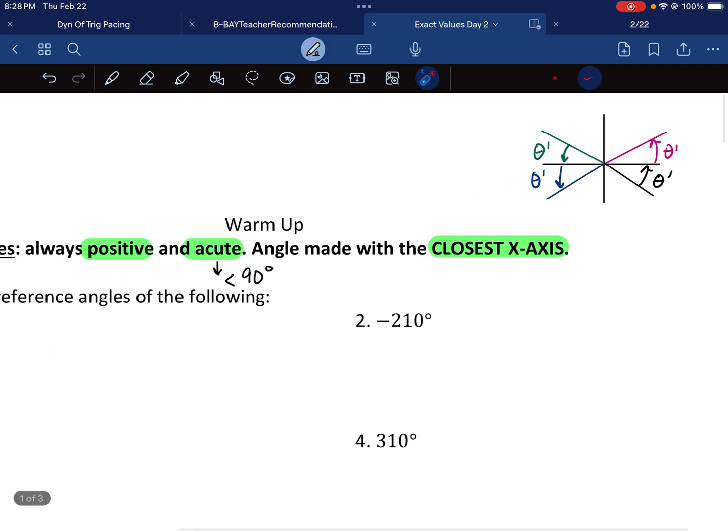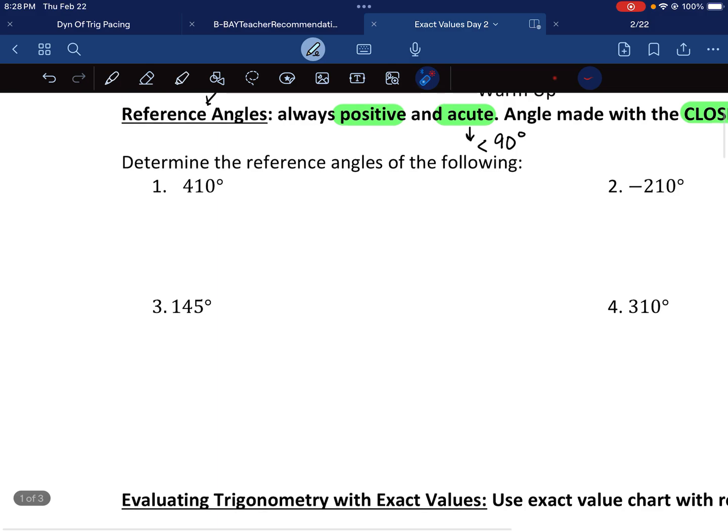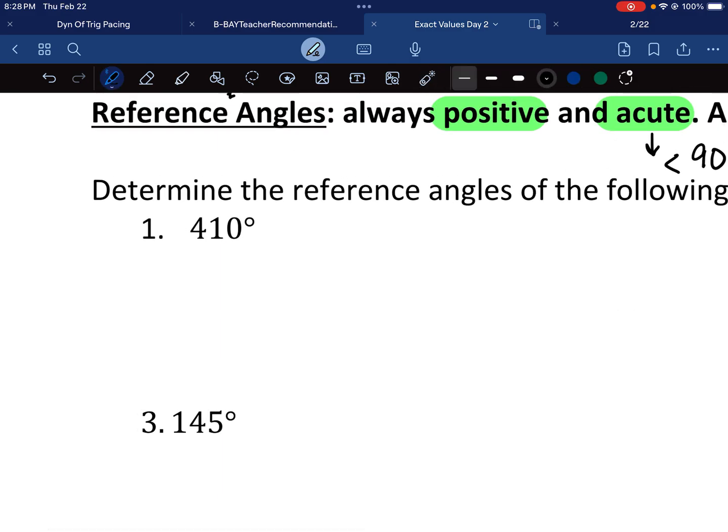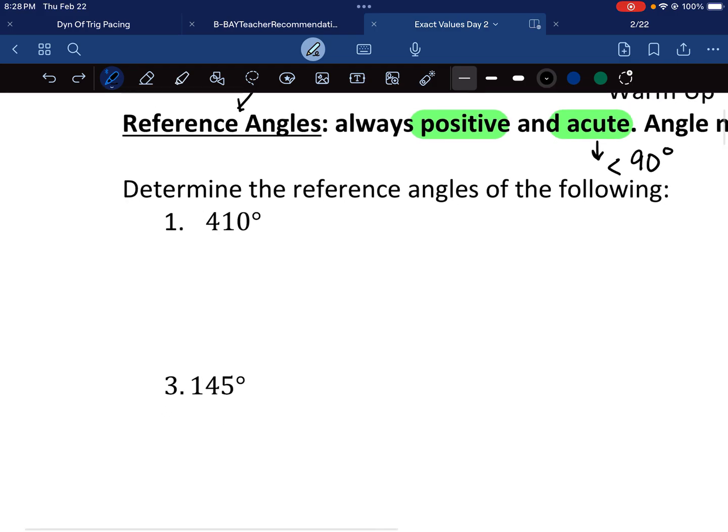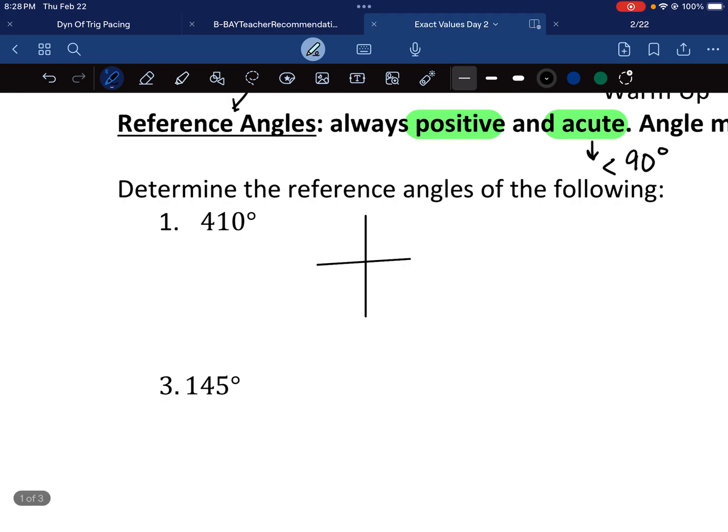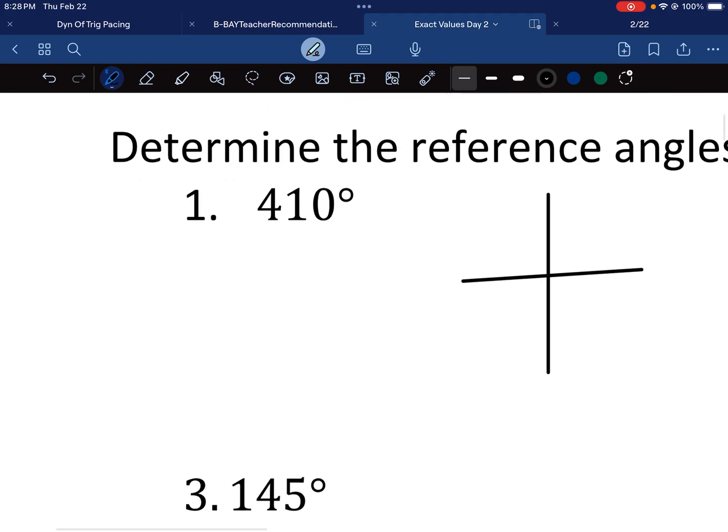When we solve for reference angles, we always start off by sketching the angle given. Here we're going to start off by sketching 410 degrees. If you are not sure where it is, start by finding its coterminal angle.